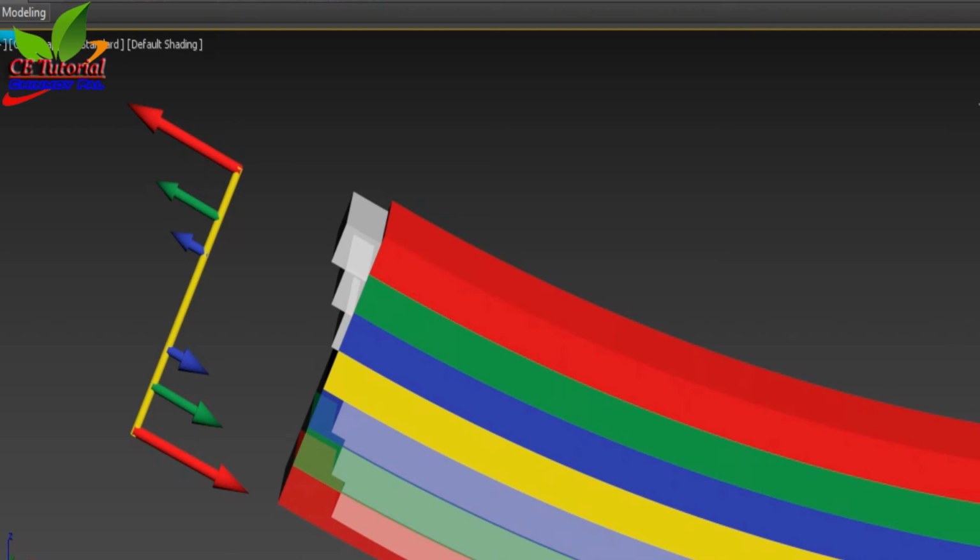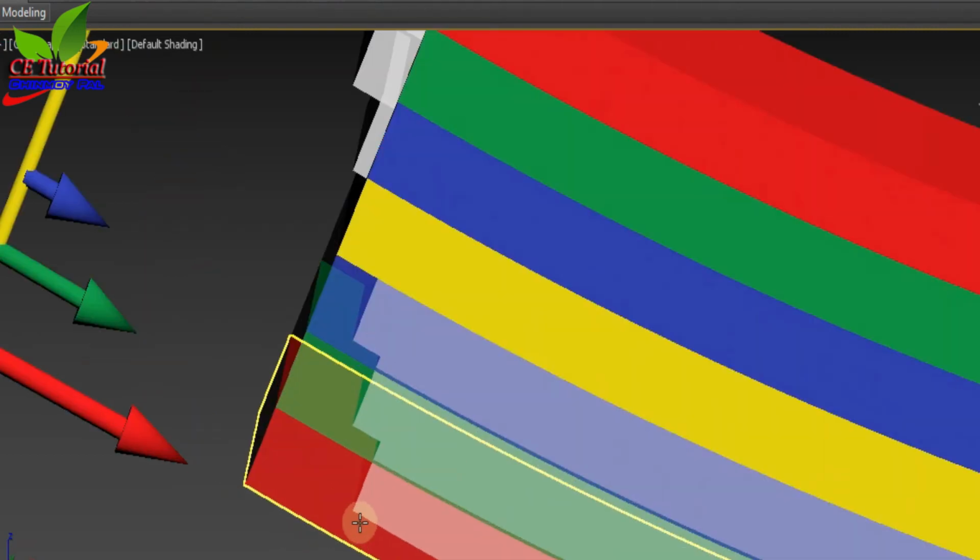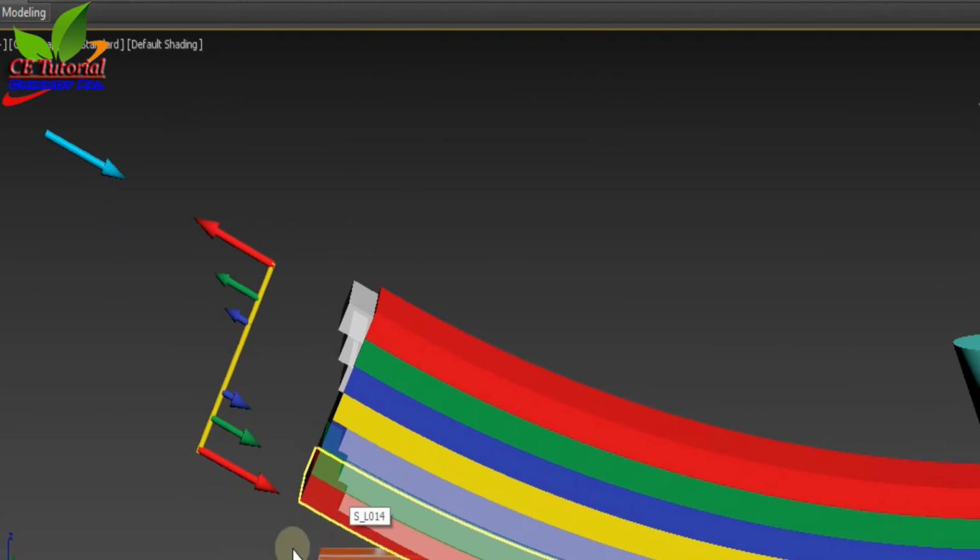The maximum tensile stress will be developed at the bottommost fiber because the strain developed at the bottommost fiber is maximum. If we connect all those points, we can see the stress diagram.